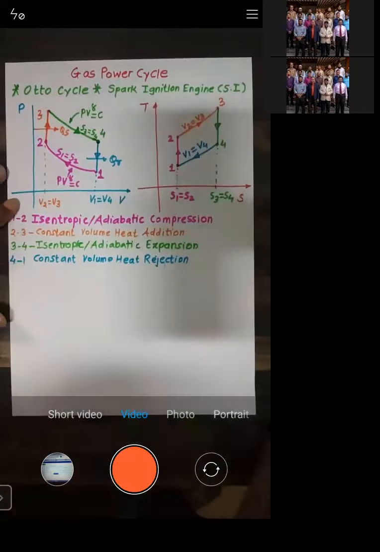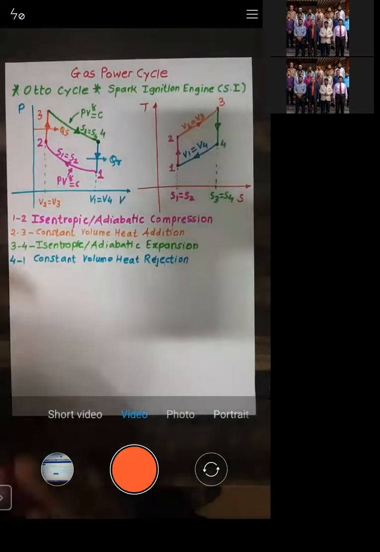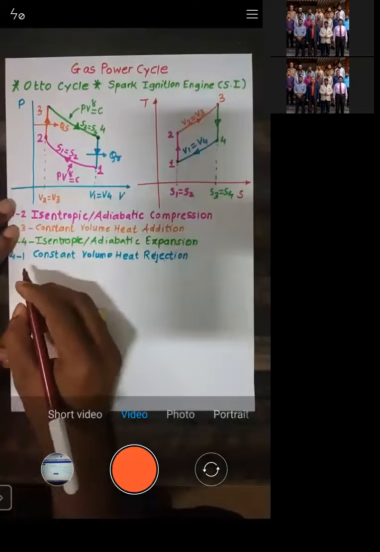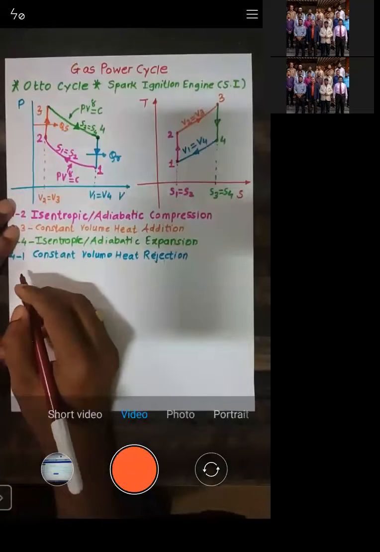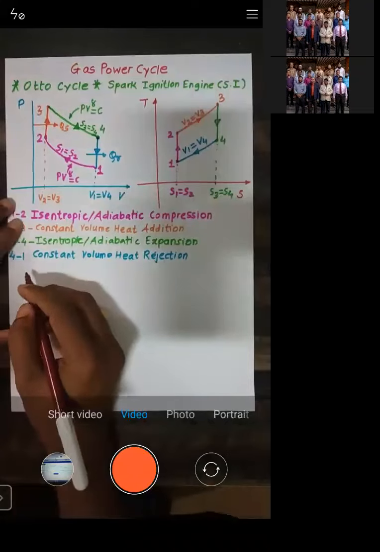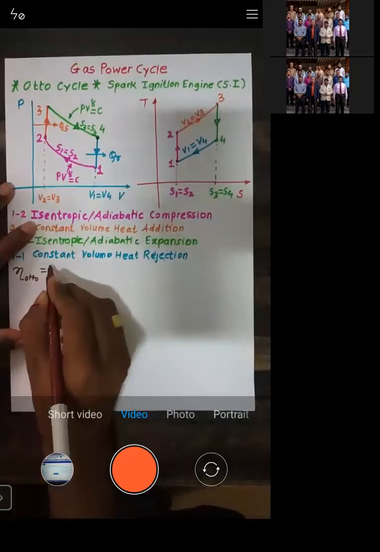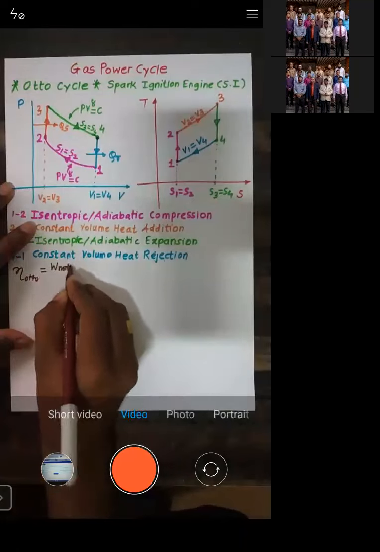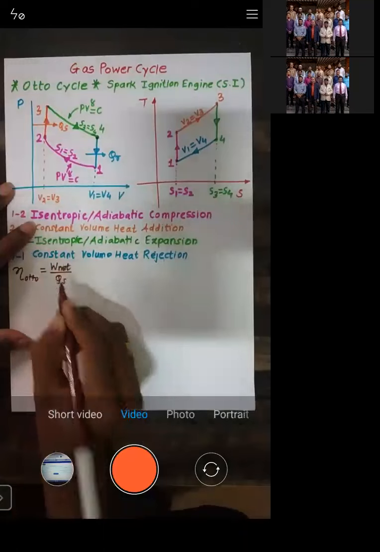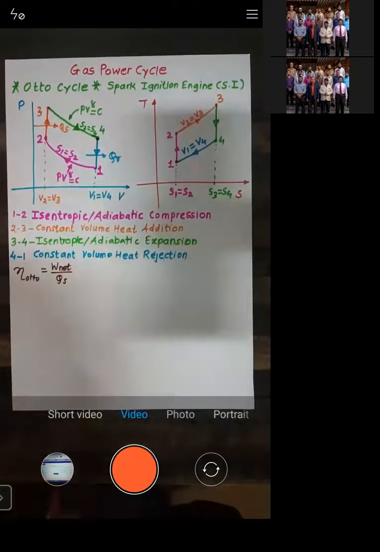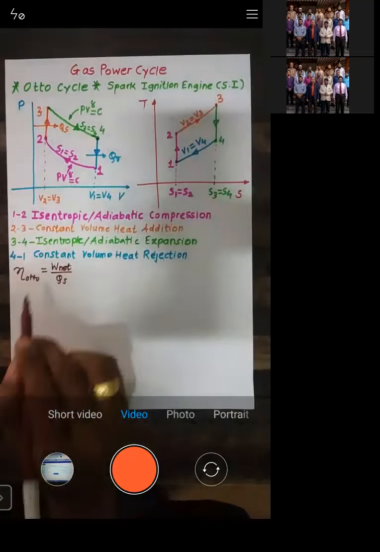Now let us start calculating the efficiency of this cycle. See how to calculate efficiency. It is given by output by input. So efficiency is given by net work upon heat supplied: what net work you are getting divided by how much heat is supplied.